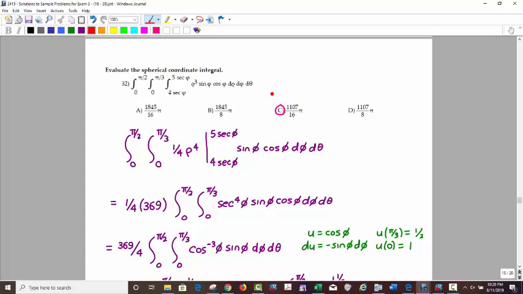People have asked me that before. If you're integrating something already in polar coordinates, you don't put in that extra r. So, do I have to put that in there? No. So it'll be 1/4 rho to the 4th, 5 sec theta, 4 sec theta.